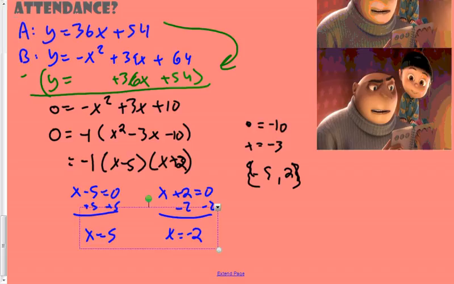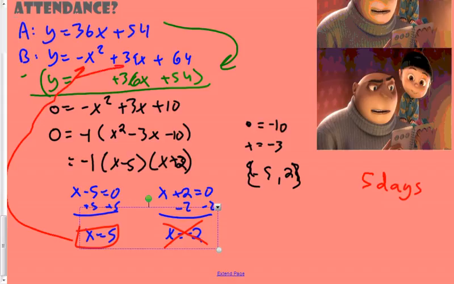So now realizing that this is a pool, and you can't have negative days, this one is out. So we know it's 5 days, and we can plug back in, or you can plug it into either equation. I'm going to do it in the top one.